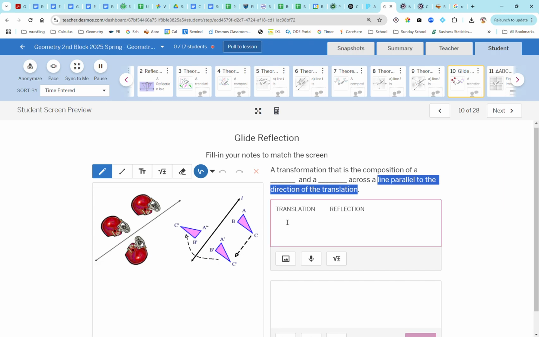Okay, these two have to be parallel to each other. The line that we're reflecting it about, and the line that's created when we slide those.